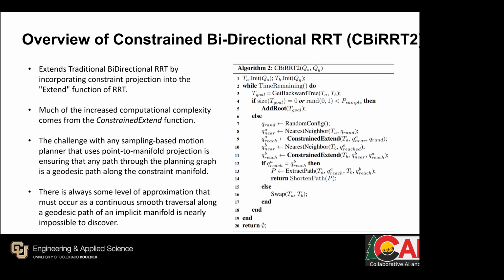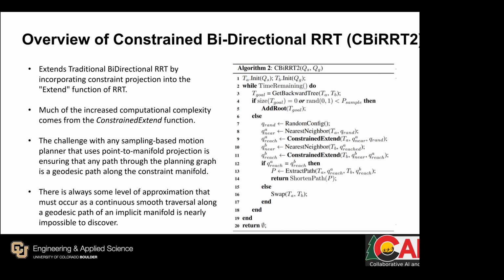To jump right in, this algorithm is almost verbatim how traditional bidirectional RRT operates. The only difference, highlighted here in bold, is this constrained extend function that encapsulates all the task-based region and projection-based techniques occurring in this algorithm. But to cover this as quickly as I can, because I'm running a little bit over, you swap back and forth between your two goal and start trees.